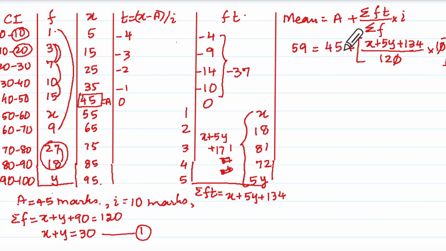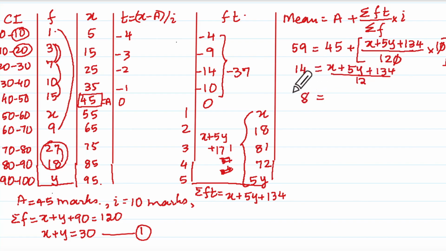What am I getting? 45 goes that side. What does it become? 59 minus 45 is how much? Correct? Here what is remaining? X plus 5y plus 134 upon 12. 12 multiplies 14. 12 4s 48.